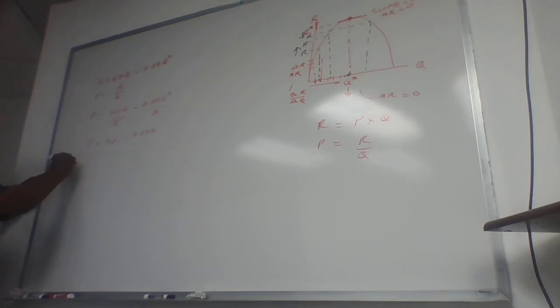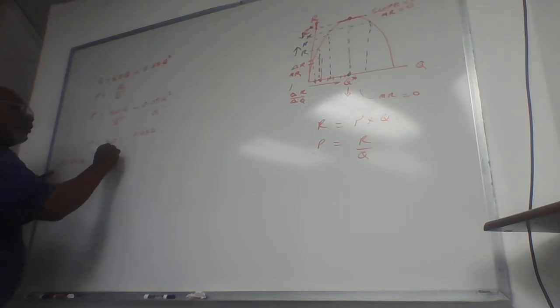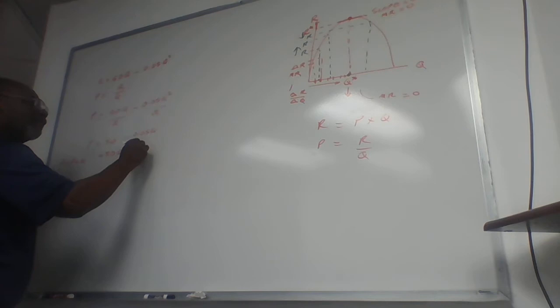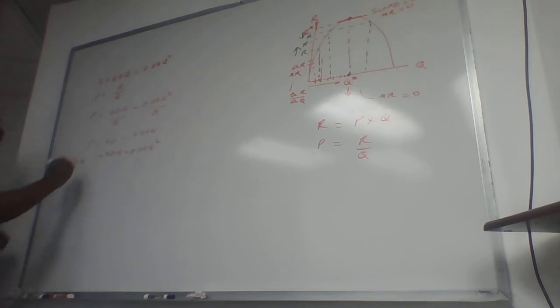Revenue is P times Q, so we multiply this by Q, and we end up with 50Q minus 0.05 Q squared.